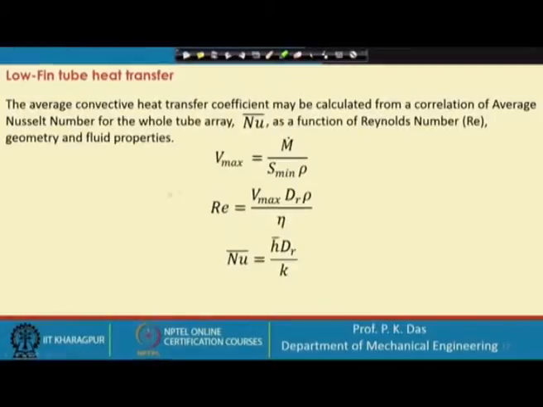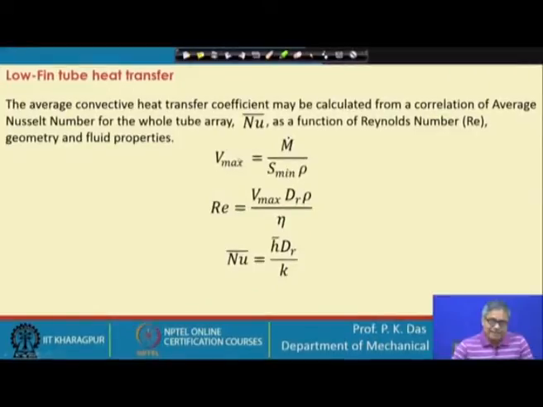Let us say the mass flow rate of gas is m dot. V max, the maximum velocity, we can calculate by dividing m dot by S min into rho. Rho is the density of the gaseous fluid. S min is the minimum cross sectional area which we have already calculated in our previous lecture.